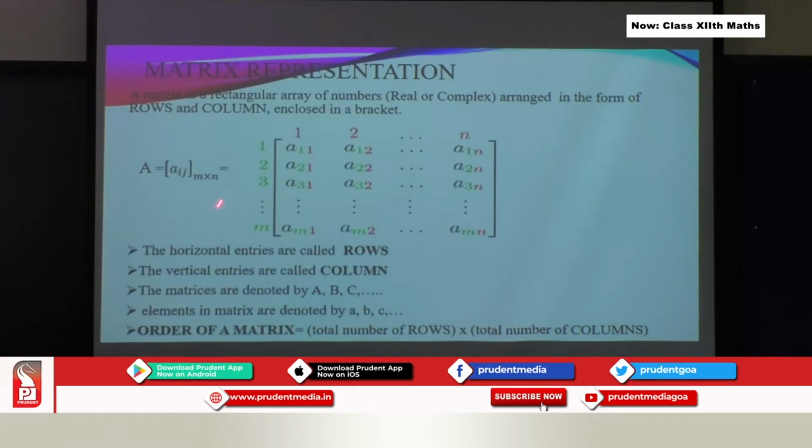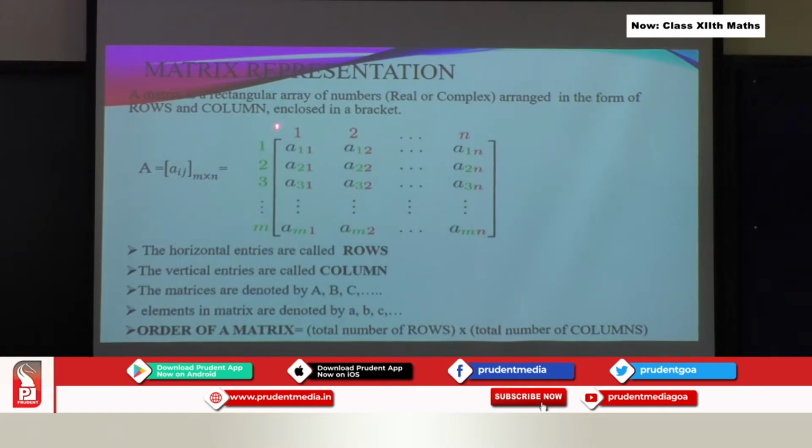If you look at this diagram, you will understand that I denote this matrix with capital letter A, and here you can see these brackets. This bracket can be a box bracket, or it can also be a curly bracket. We denote this matrix in this form.